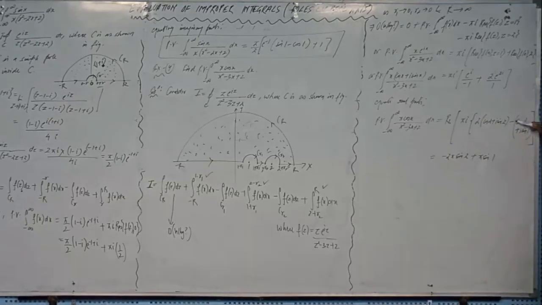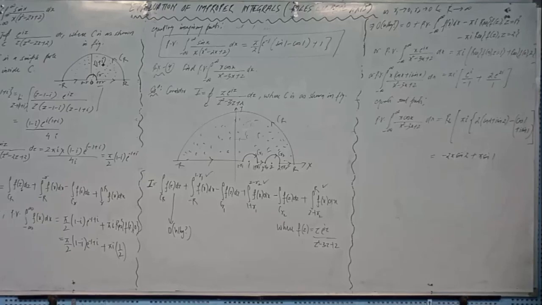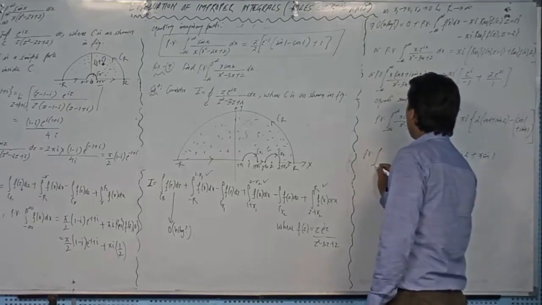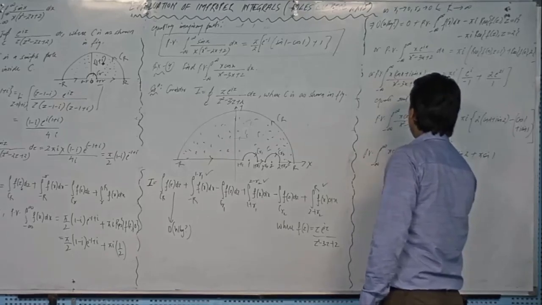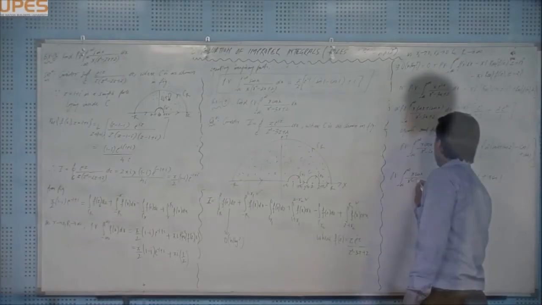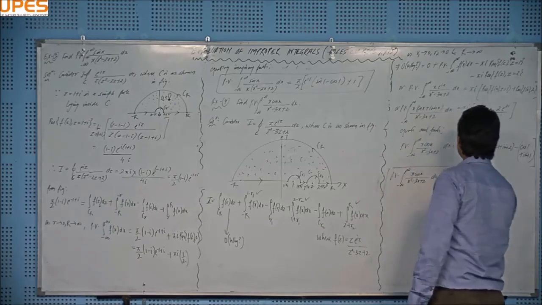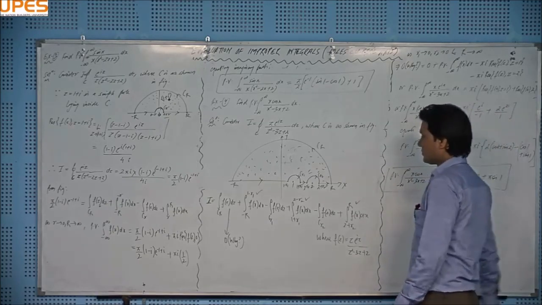Is it the answer? Yes. The principal value of minus infinity to infinity of x cos x over x square minus 3x plus 2 dx is this, so this is your answer.